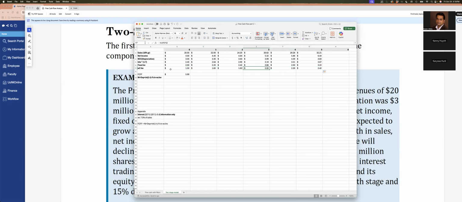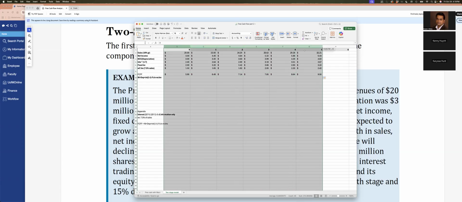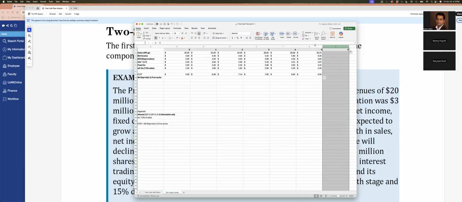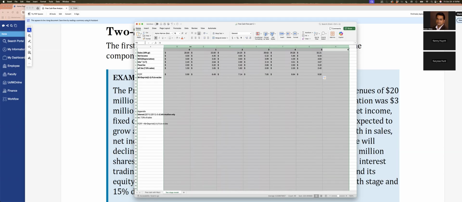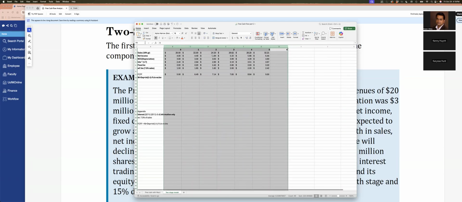Yeah, this is 7.5% of the sales. So, got it? So we got all the first 5 years. I'm doing the same math. We found the free cash flow for all the 5 years. You see that? You see how simple it is? It looks complex, but when you put it in an Excel spreadsheet, it doesn't look that complex. Am I correct?